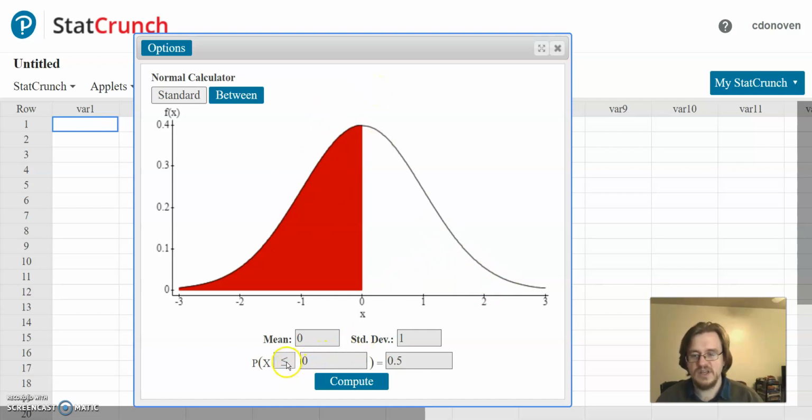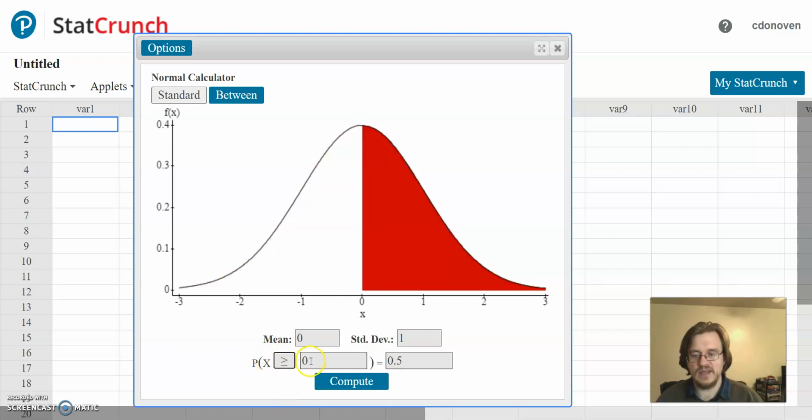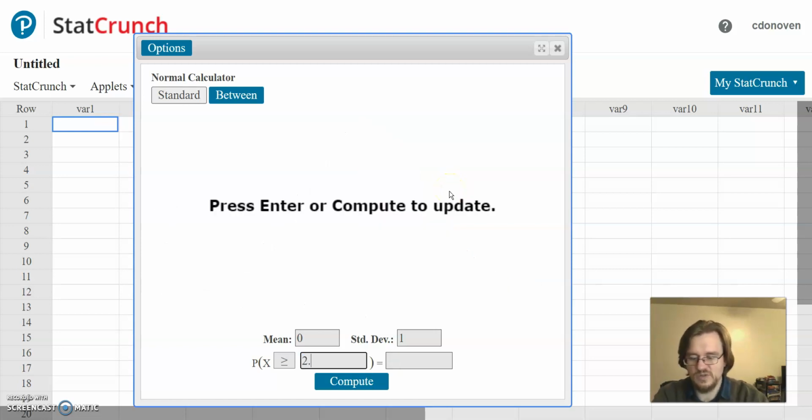So we can come back to our StatCrunch, and now we want the standard normal distribution. We want to see the probability that x is greater than our number, which is 2.109.